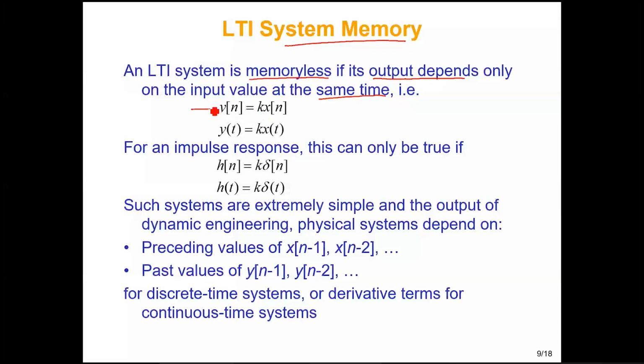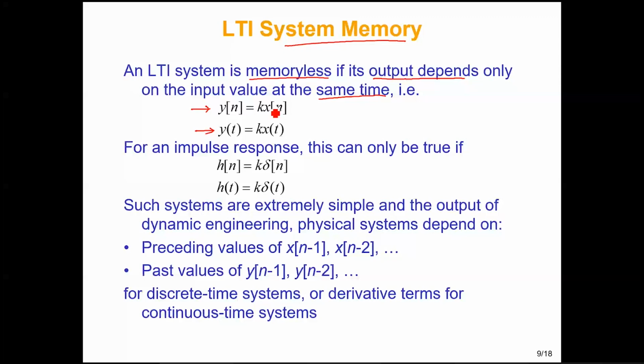So whether it is discrete time or continuous time, something like this, the output is just a scale factor multiplied with your input. So it's a memoryless system. If you want to find the impulse response of these systems, replace x[n] with delta[n], and y[n] becomes h[n]. So your impulse response is this for those systems.